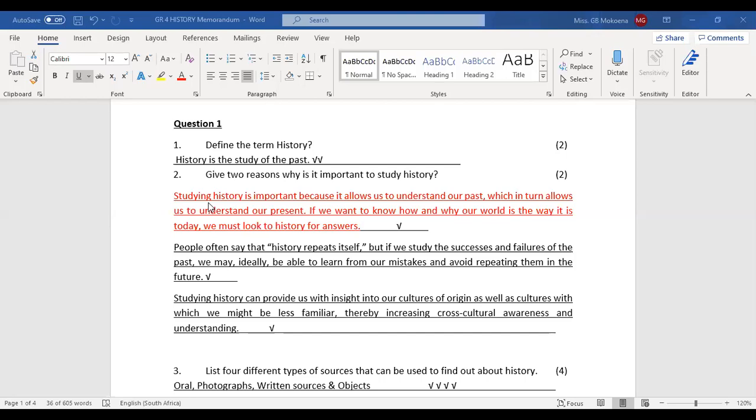Yes, that's true. So it is very important that we learn about history so we cannot repeat history. So we cannot repeat the same mistakes that were done by who? By our ancestors, by our fathers, sisters, and brothers.